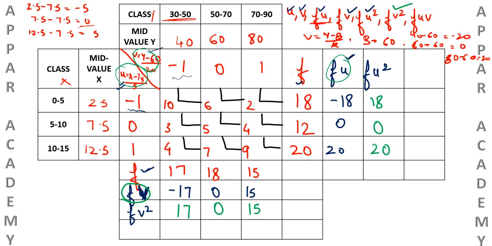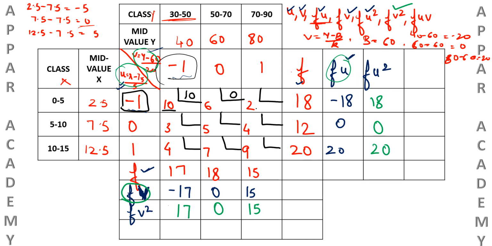Right? So fuv means multiplying, let's suppose, first of all this multiplied by this multiplied by this. For this particular combination of x from 0 to 5 and y from 30 to 50, we need to multiply these three. So this becomes 10 into minus 1 into minus 1, which is 10. For the interval where x lies between 0 to 5 and y lies between 50 to 70, our fuv will be 6 multiplied by minus 1 multiplied by 0, that is 0.